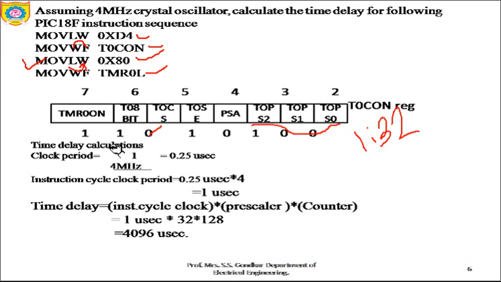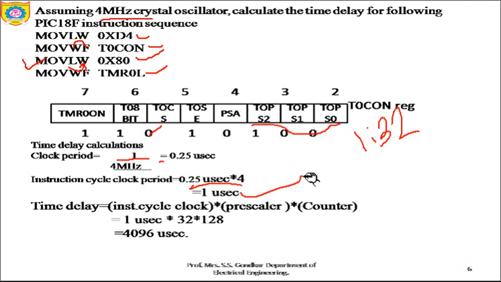So for time delay calculations, you have the crystal oscillator frequency as 4 megahertz. It's a clock period. So 1 divided by 4 megahertz is equal to 0.25 microseconds. Now the instruction clock period we have to find out. Instruction clock period is nothing but 0.25 into 4. It is equal to 1 microsecond.